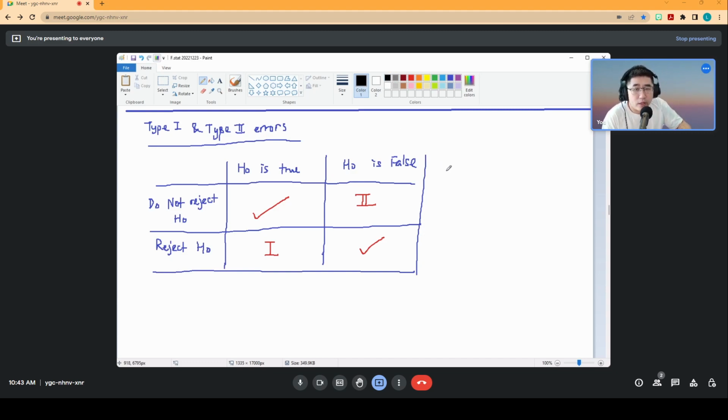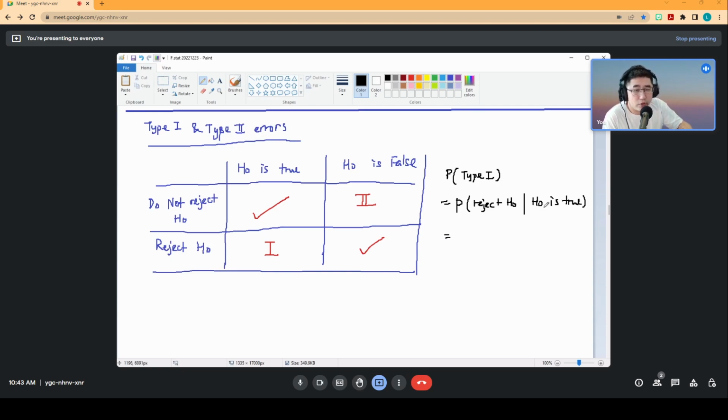When we calculate probability, if we want to calculate the probability of type 1 error, it is the probability of reject H0 given H0 is true. We will write it like this.